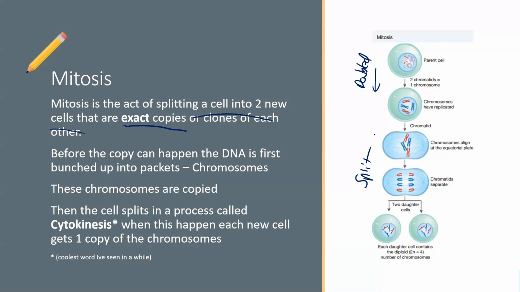And by the way, as I said, I love this word, cytokinesis. Do you need to know this word for the test? No. Is it a cool word to know? Yes. I think it's a cool scientific word to know. It's a cool scientific word to say.